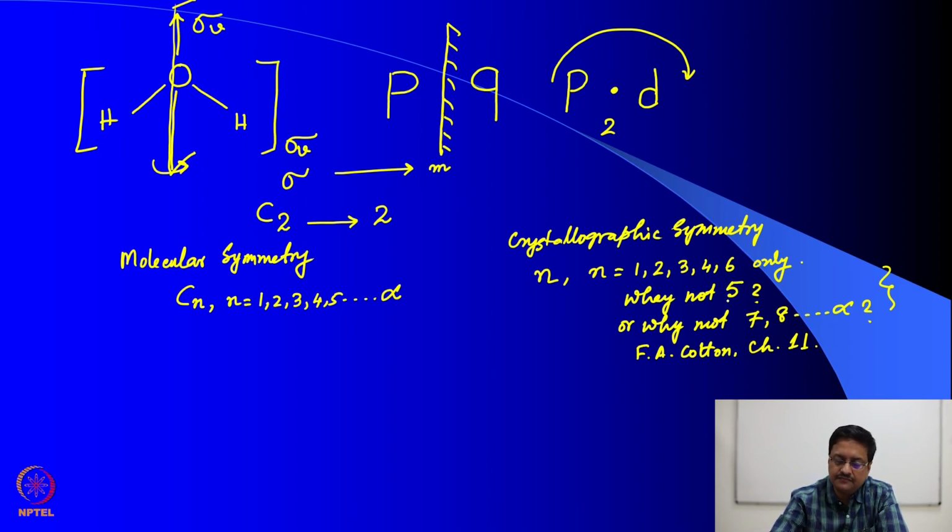This restriction of not having 5 or anything higher than 6 straight away comes from the requirement of 3-dimensional periodicity of the objects.